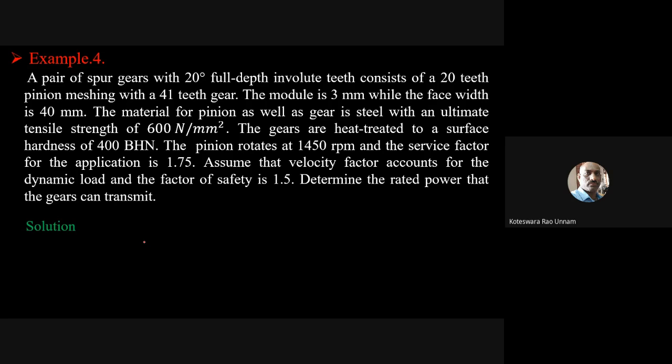If you don't have any doubt in the previous problem, now you take this problem and we'll try to discuss the solution for it also. With this problem we can close spur gears. We can move on to helical gears in the next class. If I am able to complete this in this class, then next class we will start helical gears.